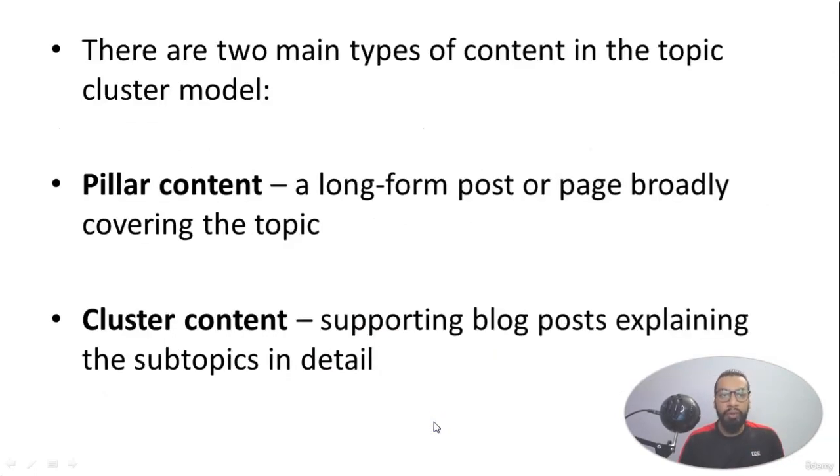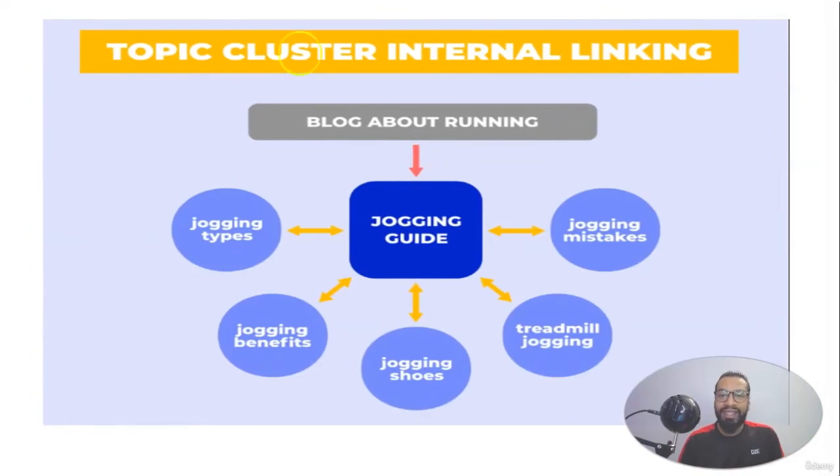So let's move forward. There are 2 main types of content in the topic cluster model. One is the pillar content, a long form post or page broadly covering all the topics, and cluster content supports it with blog posts explaining the subtopics in detail. So this is the main, you can say this is the broad term, and these are the subtopics. So this is an example, topic cluster internal linking.